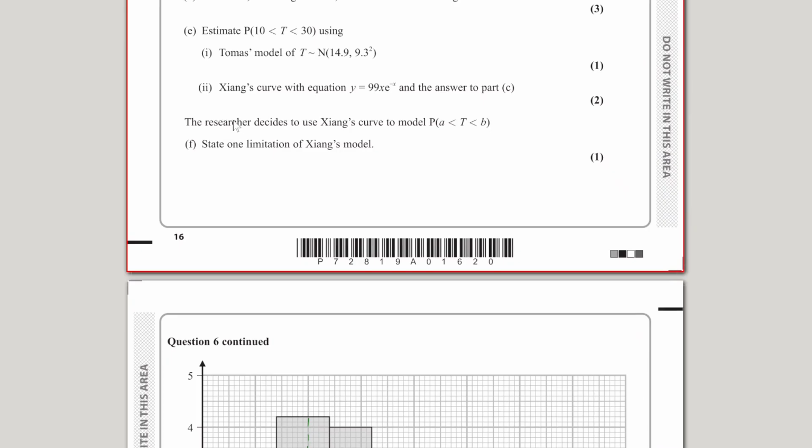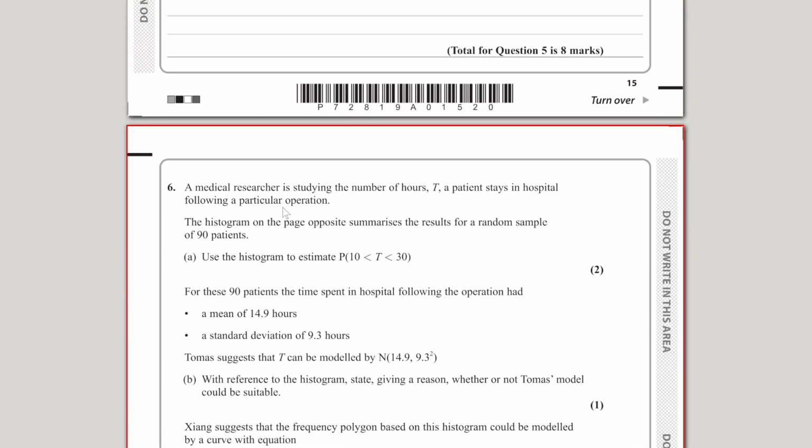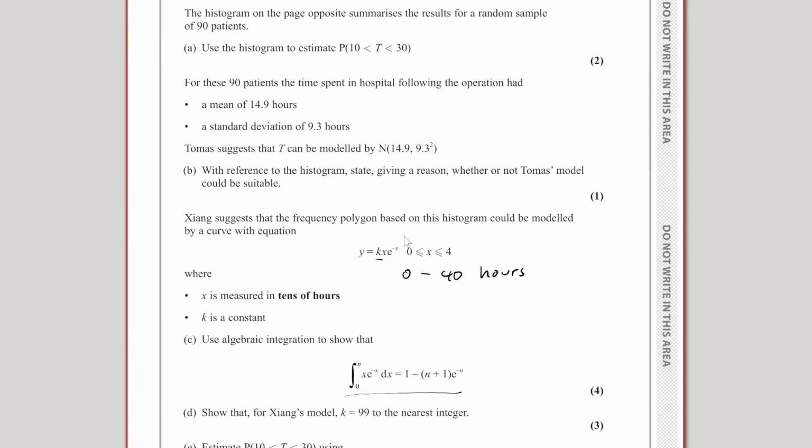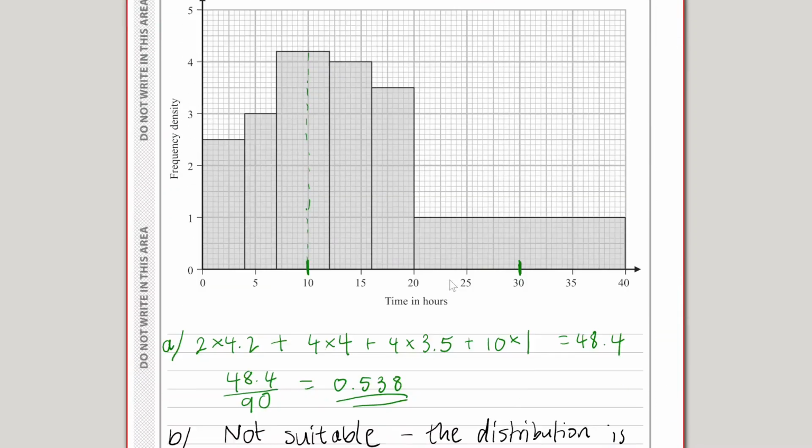And finally, part F. The researcher decides to use Zhang's curve to model the probability of the times between A and B. State one limitation of Zhang's model. So it only works up to 40 hours.